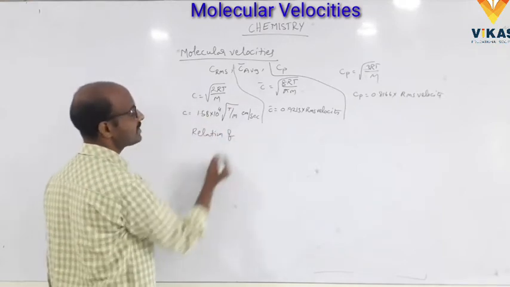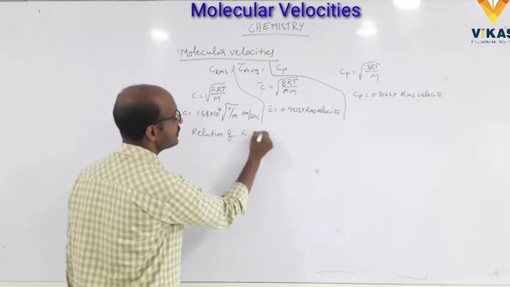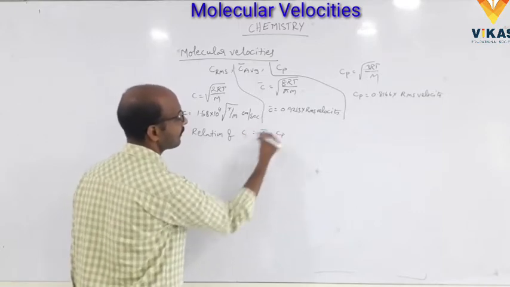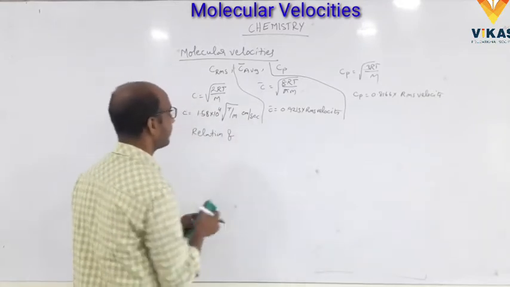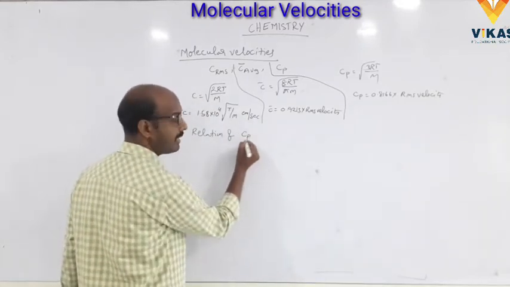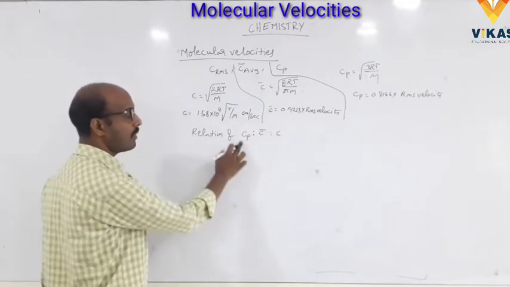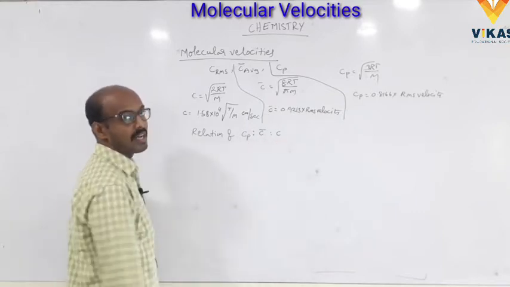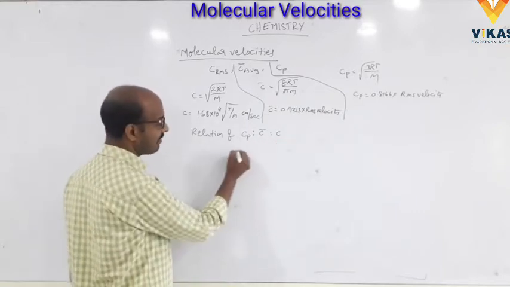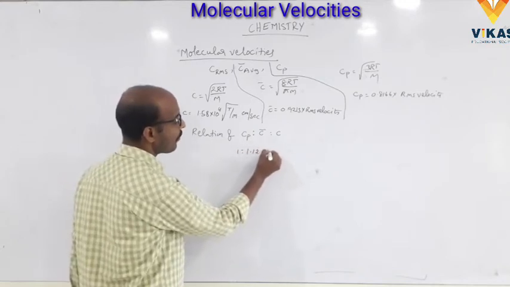The relation of these three, C RMS, C bar and Cp. We wrote it in reverse: the relation of Cp to C bar to C, that is, most probable, average velocity and RMS velocity. We know the final values are 1 is to 1.12 is to 1.22.